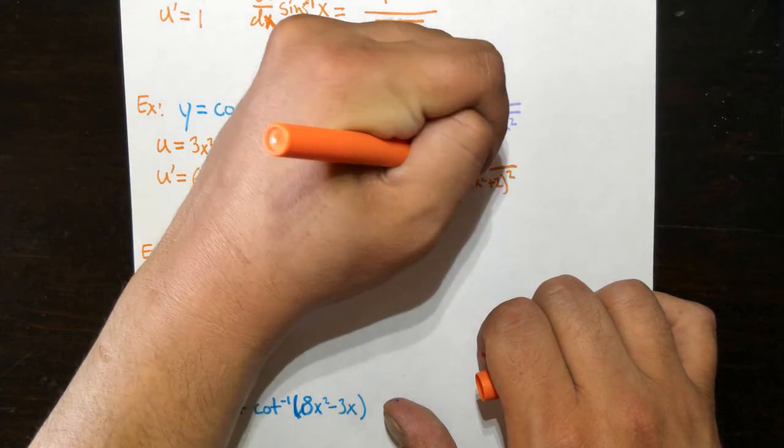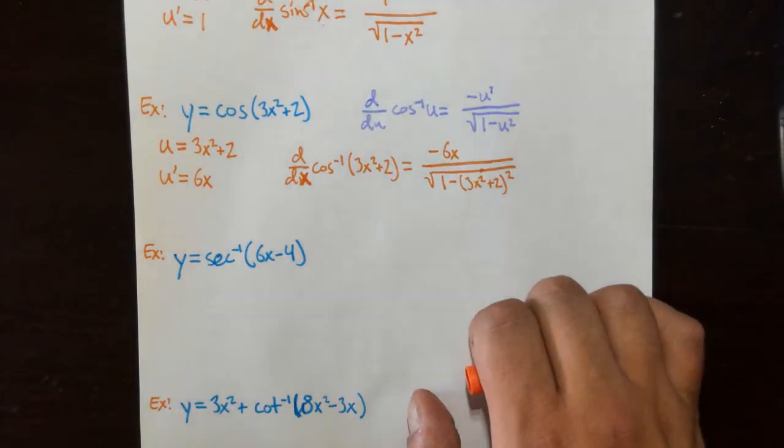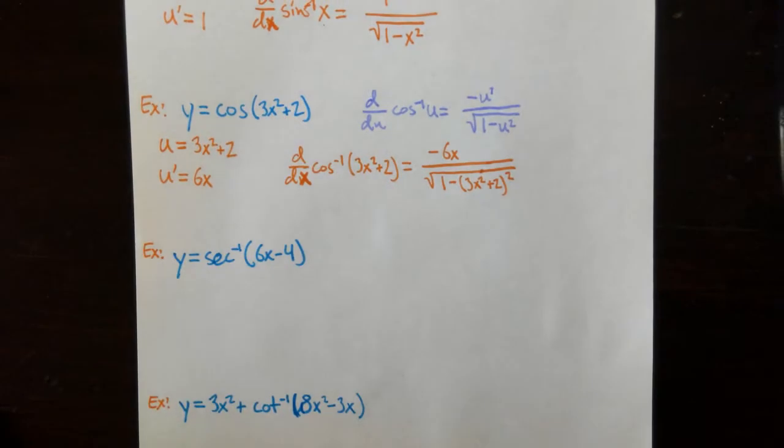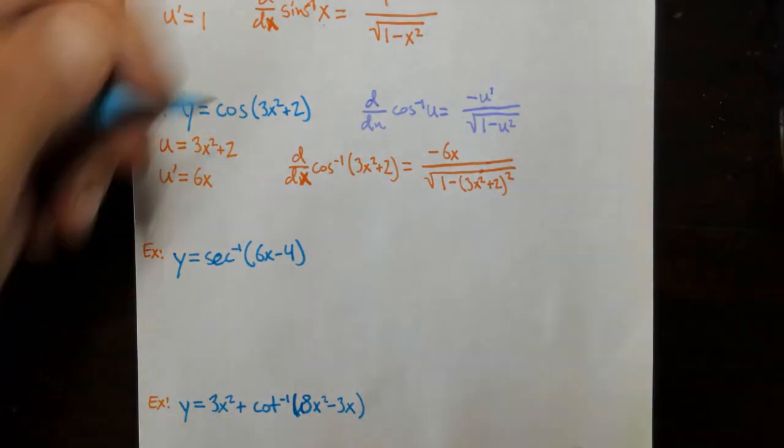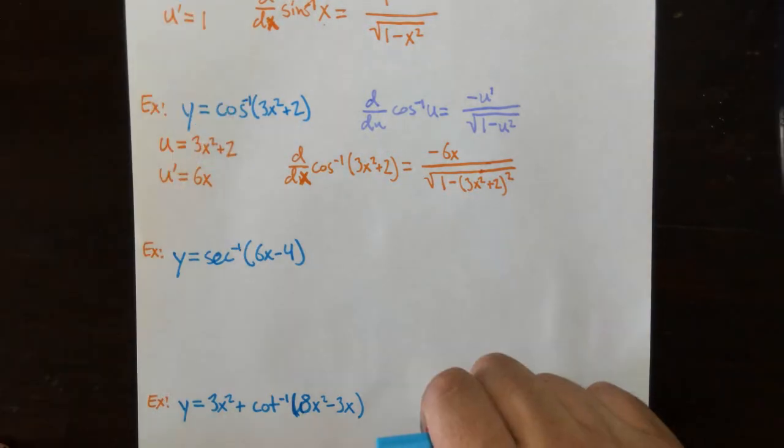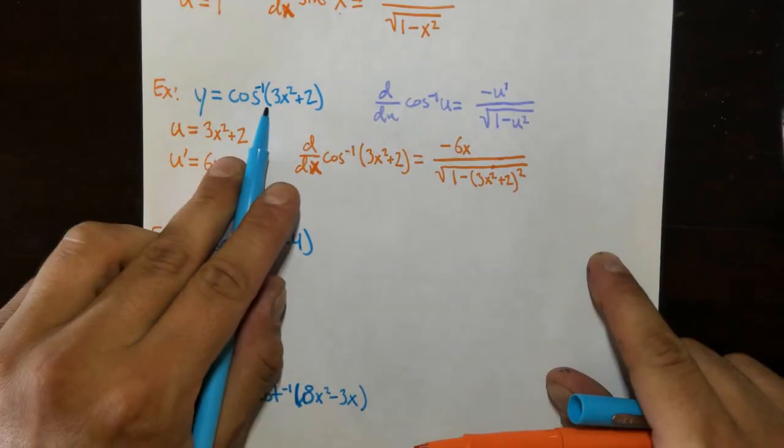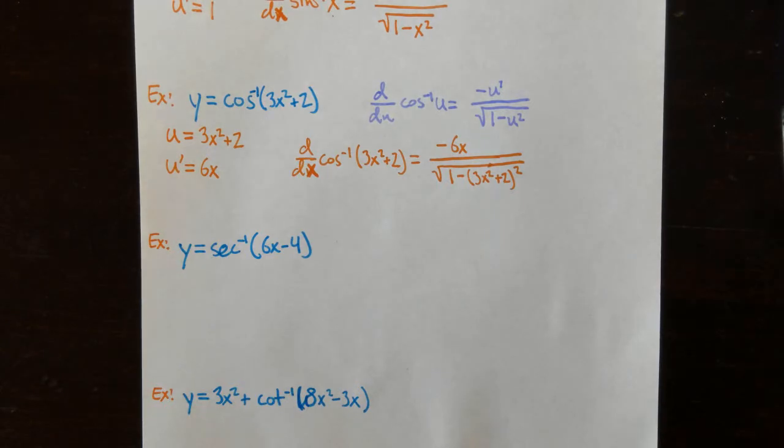We need to make sure we have parentheses in there. So, extend my bars there. Okay, perfect. So that's the derivative of arc cosine of 3x squared plus 2.